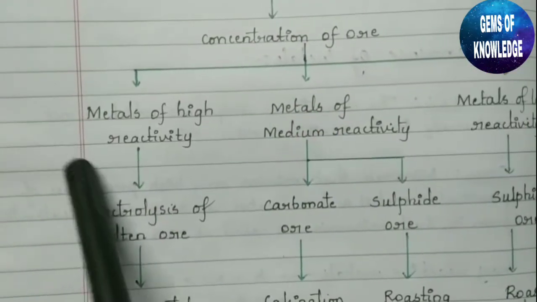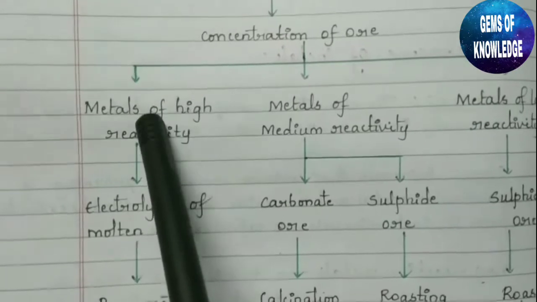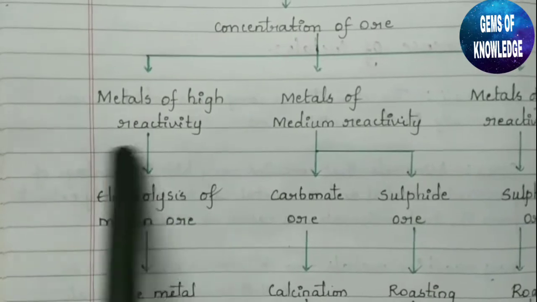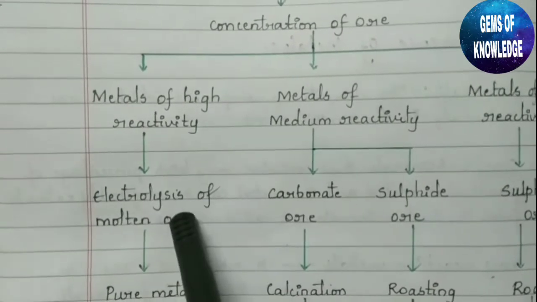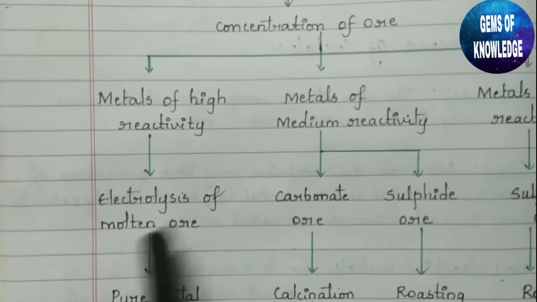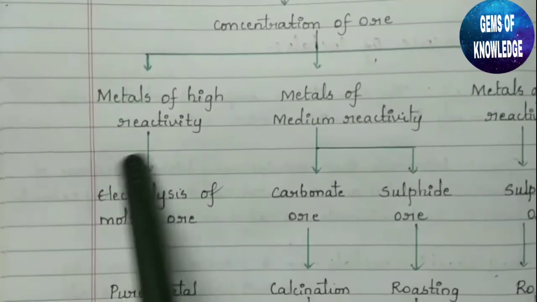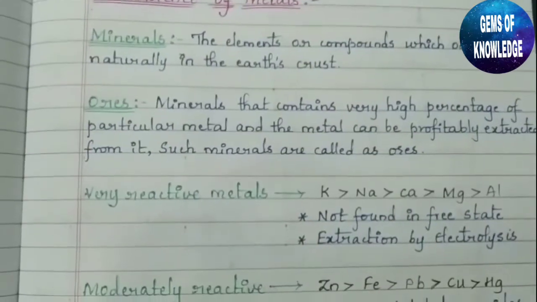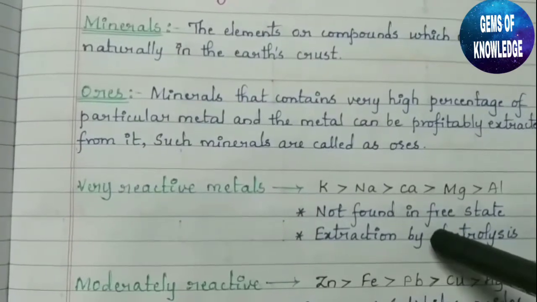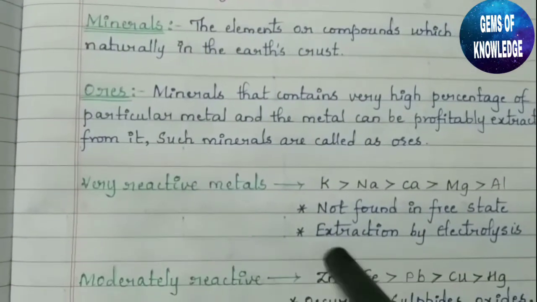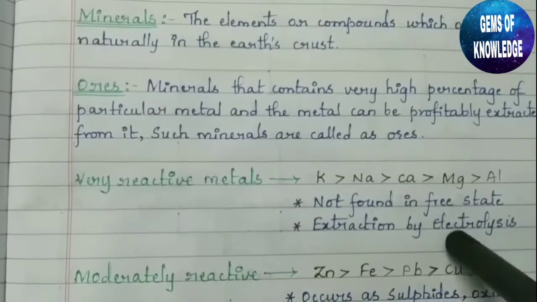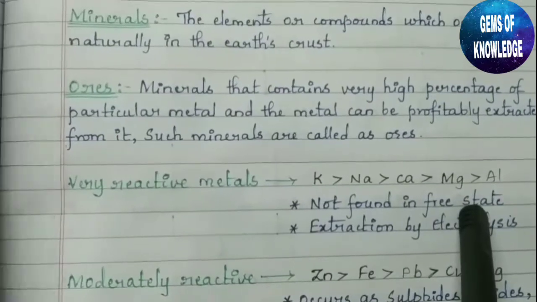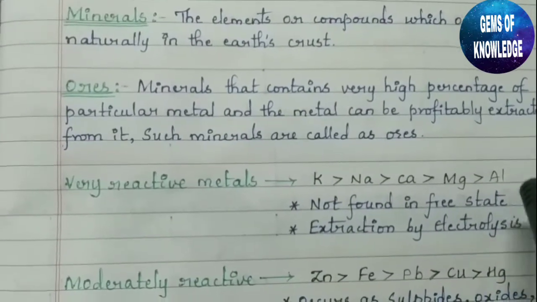For the metals with high reactivity, how can the pure metal be obtained? There is a process, that is electrolysis. We are going to study this in further detail later. It is the electrolysis of molten ores. In the previous video we studied that very reactive metals are not found in the free state in the earth's crust, and we have to extract them by the process of electrolysis.